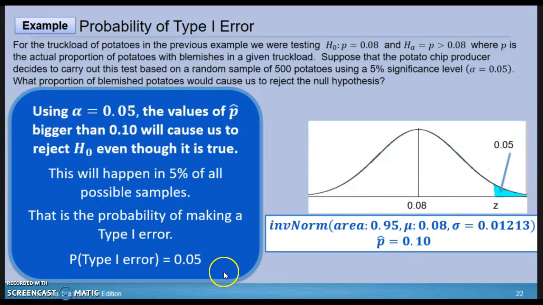So what does this mean? This means that this is the probability of making a type 1 error. So if you think back to what a type 1 error is, the type 1 error is rejecting when you shouldn't have. Okay, so the probability being 0.05 is equal to the significance level.